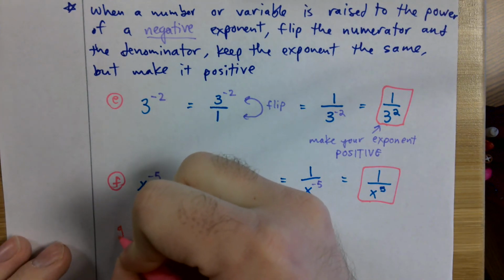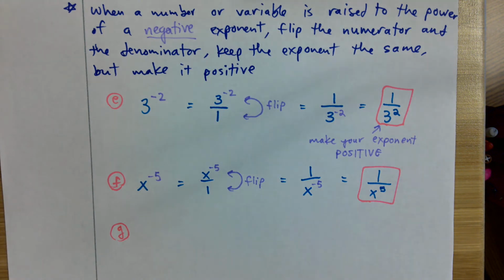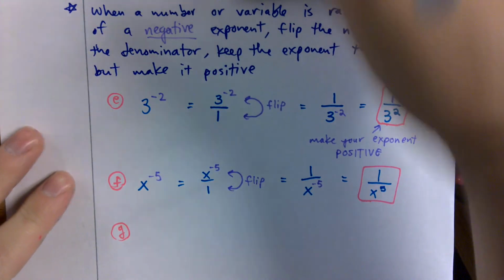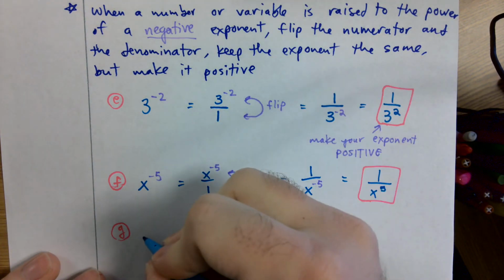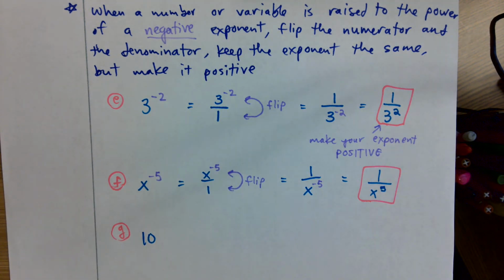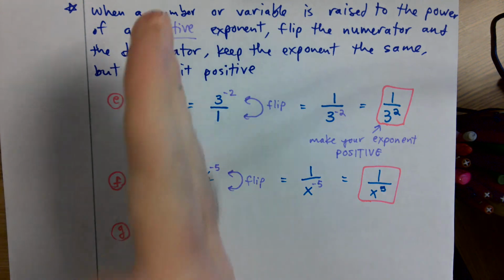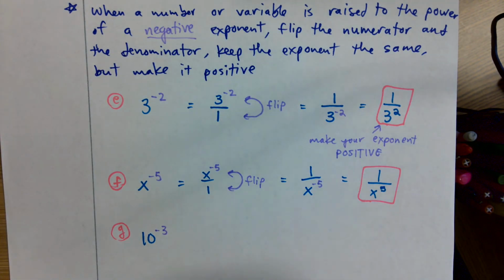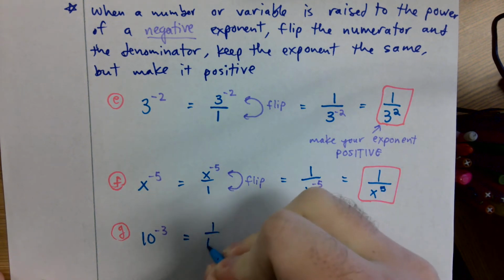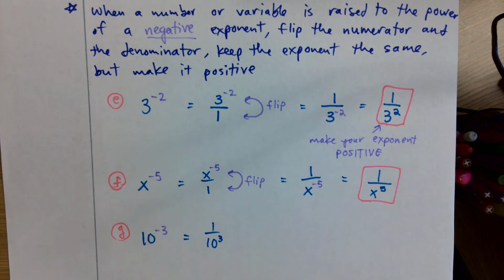So if I gave you example G and said maybe 10 to the negative third power, we can skip all these middle steps and just say that this is equal to what? 1 over 10 to the positive 3.